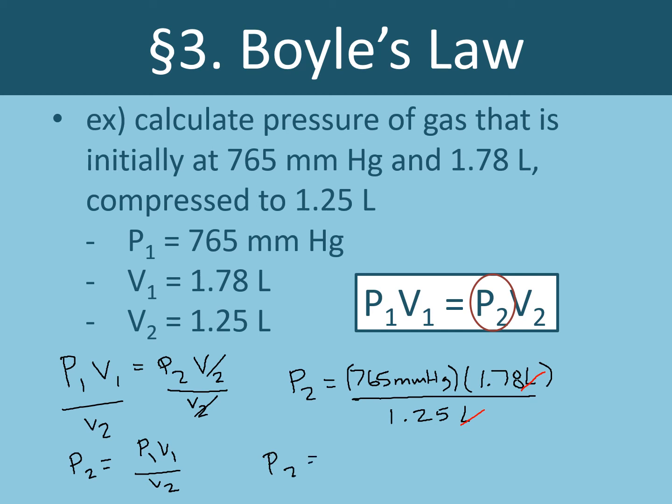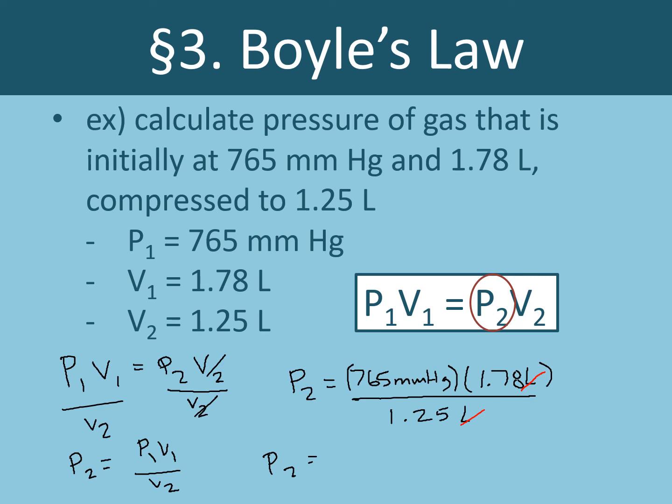Okay, so let's do our calculation. In your calculator, you want to type 765 times 1.78, and you want to divide that by 1.25.